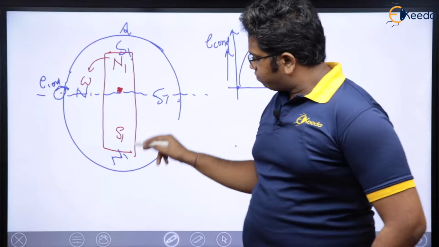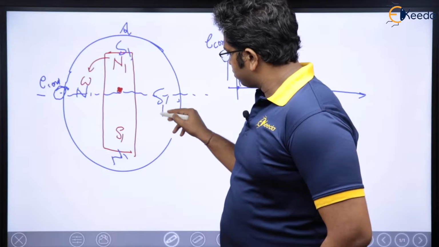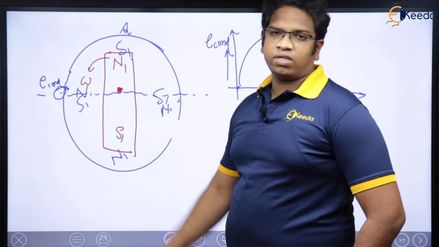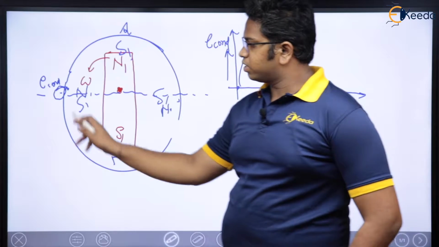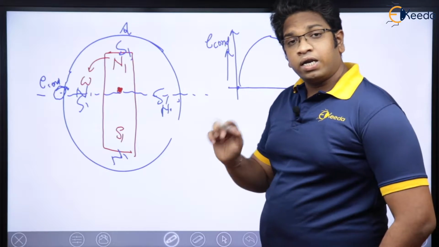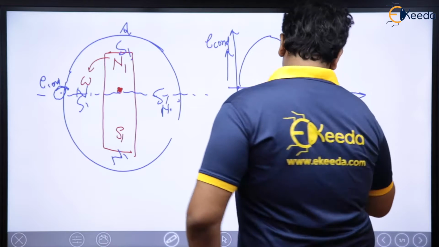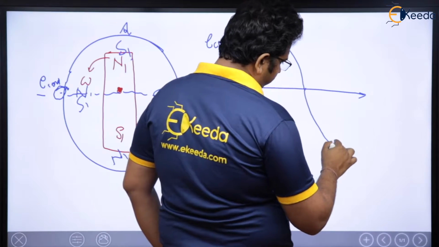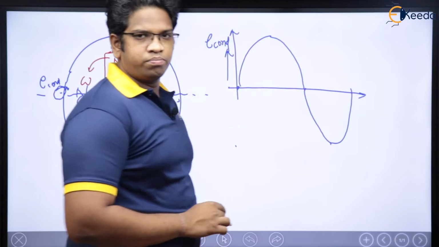Then again when N1 comes here and S1 comes here, after further rotating by 90 degrees, what is going to happen? This is under the influence of south pole, so it is going to be negative maximum. Again after 90 degrees, this is going to become 0 this way.